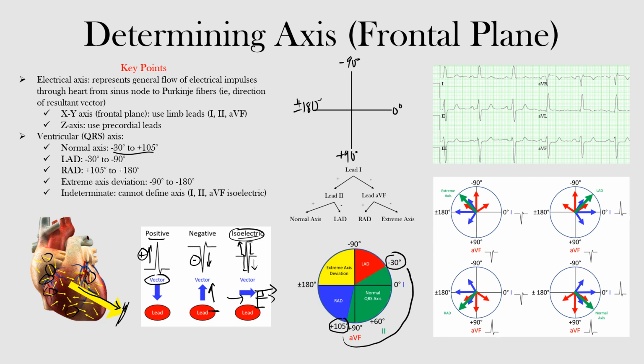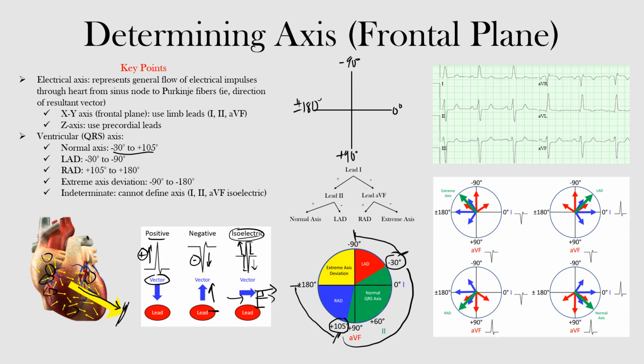Then we have leftward axis or left axis deviation, and that's from -30 to -90. So here's -30, here's -90. This here in red is considered a leftward axis, leftward shift or left axis deviation. Then we have right axis deviation, which is from +105 up until +180 degrees.